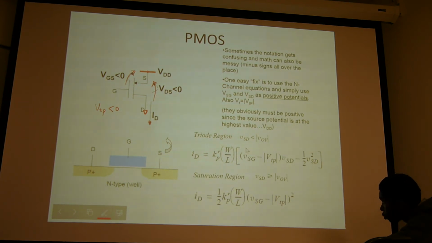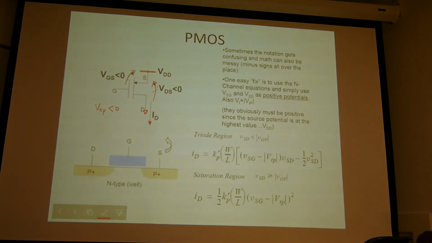That means, for example, you can still apply the triode region current or the saturation current. For example, here the saturation current. You can still apply the same current, but you need to take the absolute value of all those voltages.